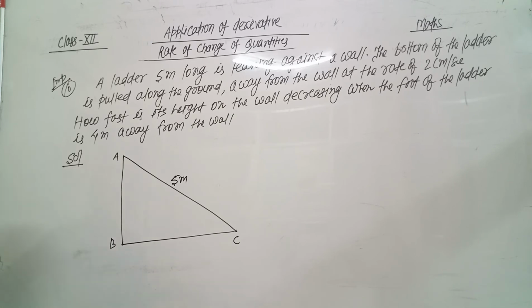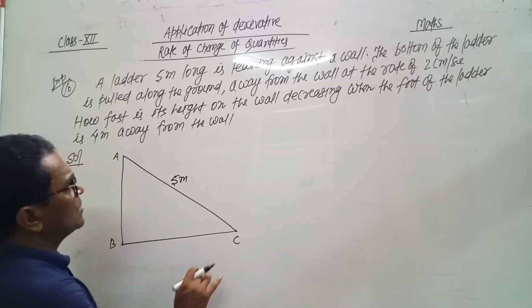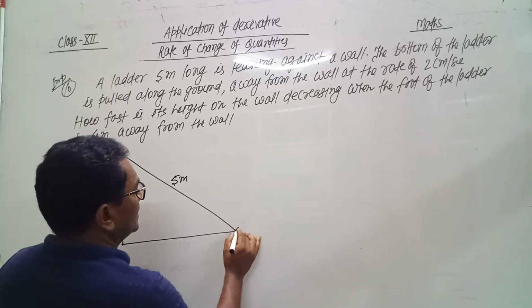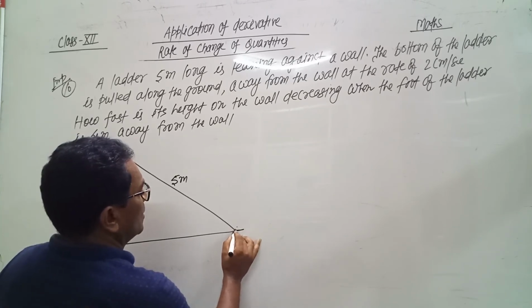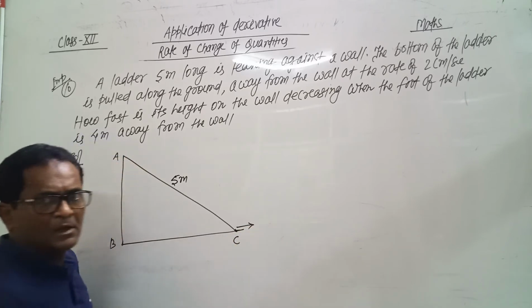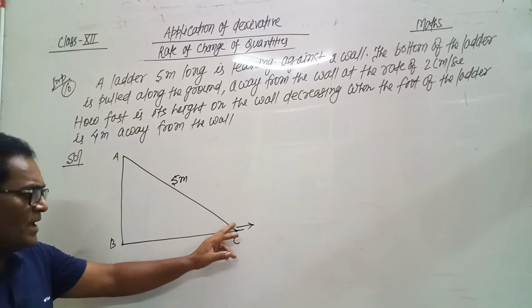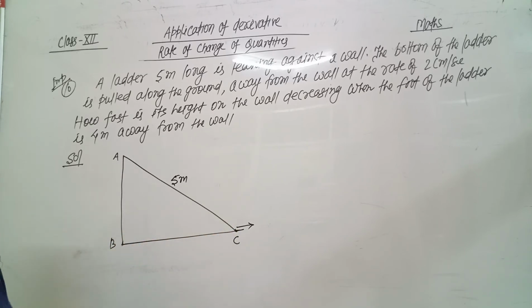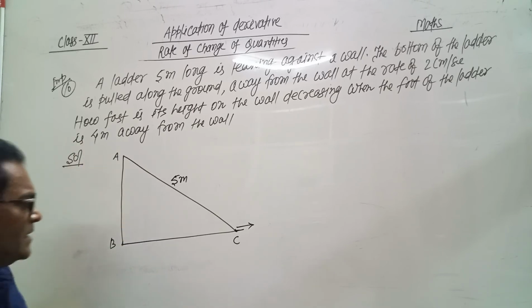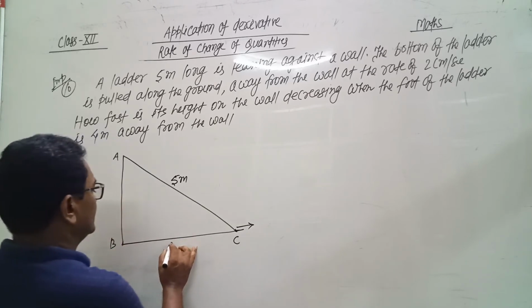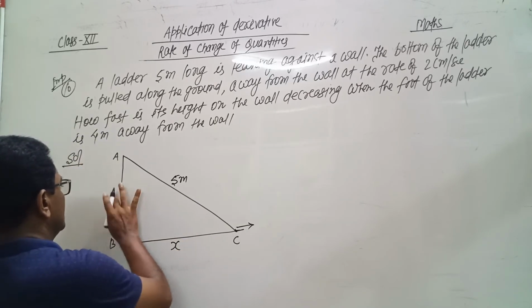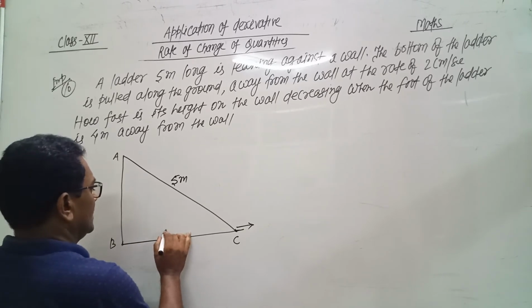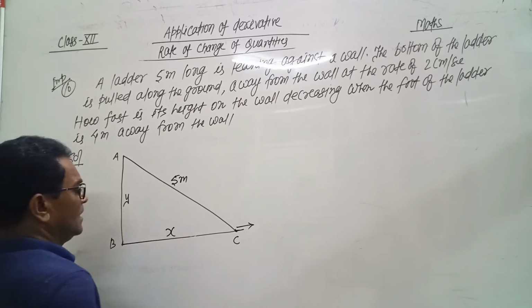The bottom of the ladder is pulled along the ground away from the wall at the rate of 2 centimeter per second. So let BC be x and AB be y.